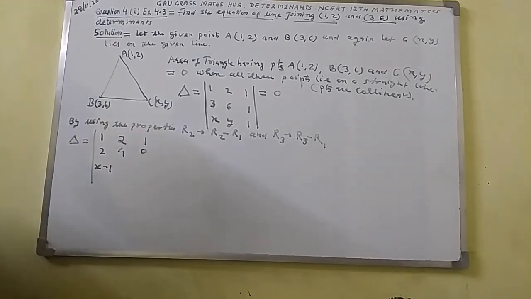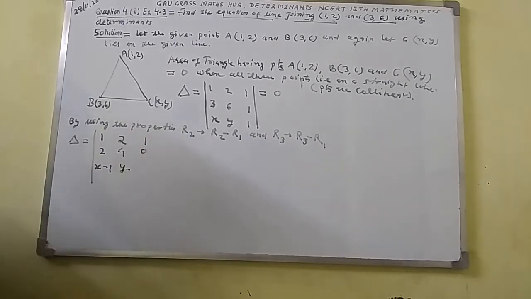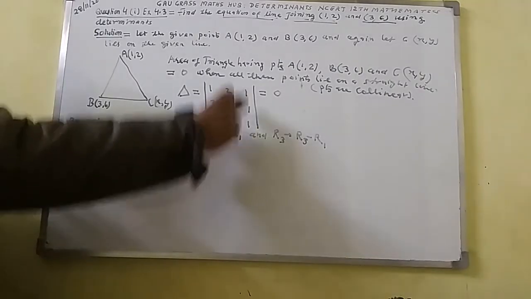And if I take the element of R3 as y, so here I write y minus the corresponding element of y in the first row, which will be 2. So here I write 2. Here R3 minus R1, R1 here is 1, so 1 minus 1 comes out to 0.